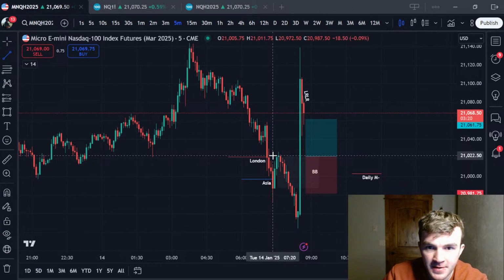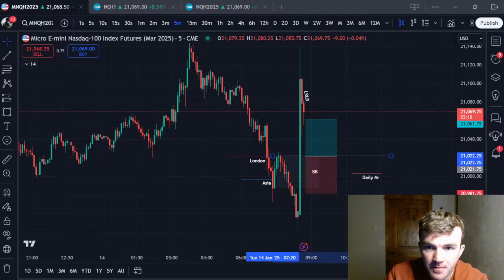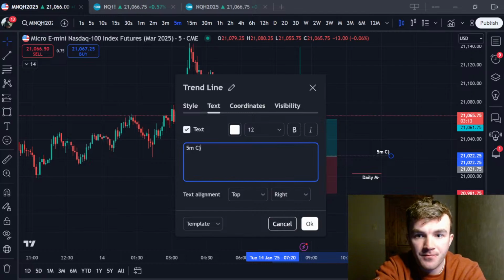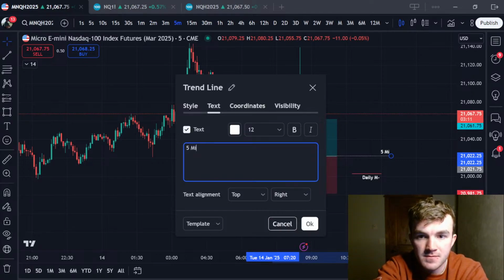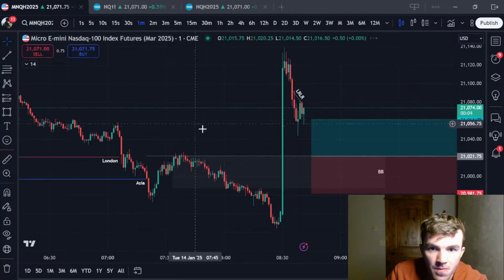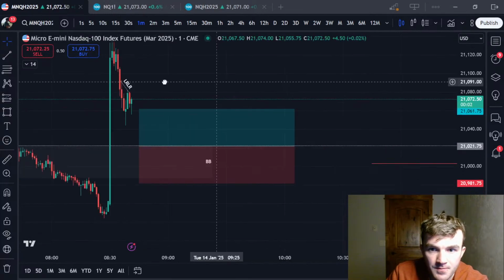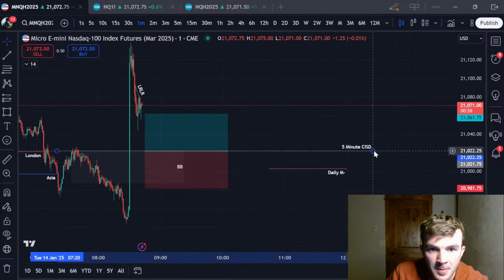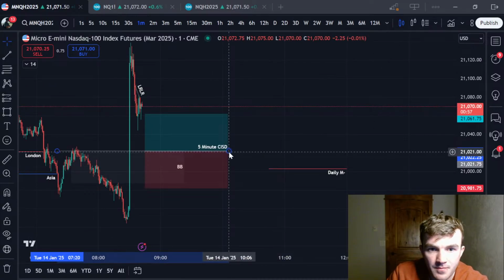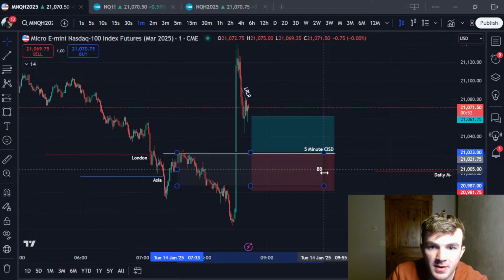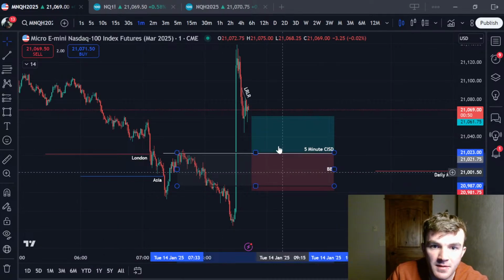That occurred right here. So I'm looking for, we have the breaker block, we have the CISD, we have the fair value gap.